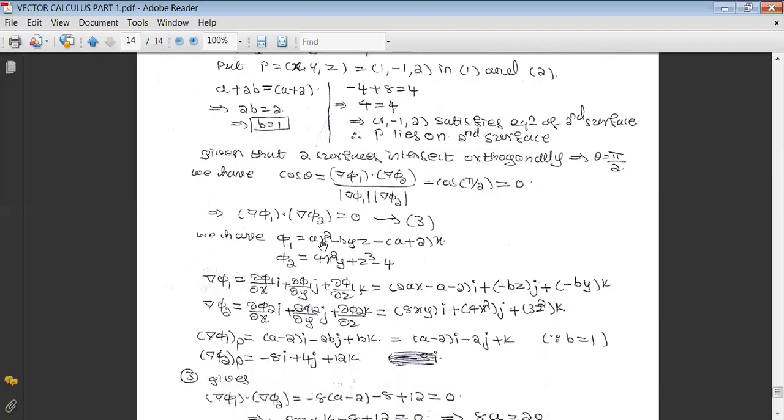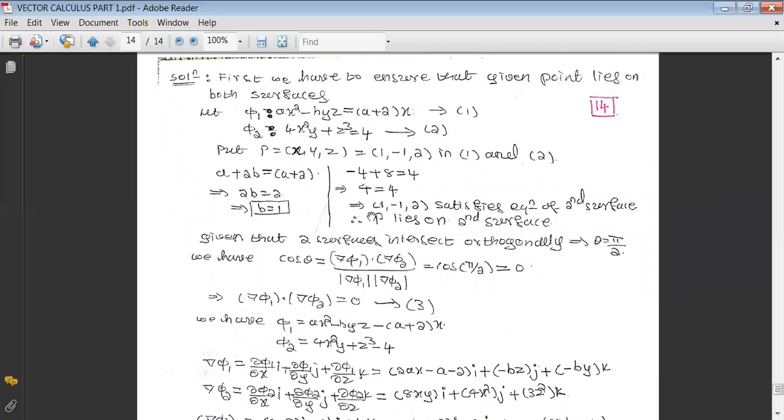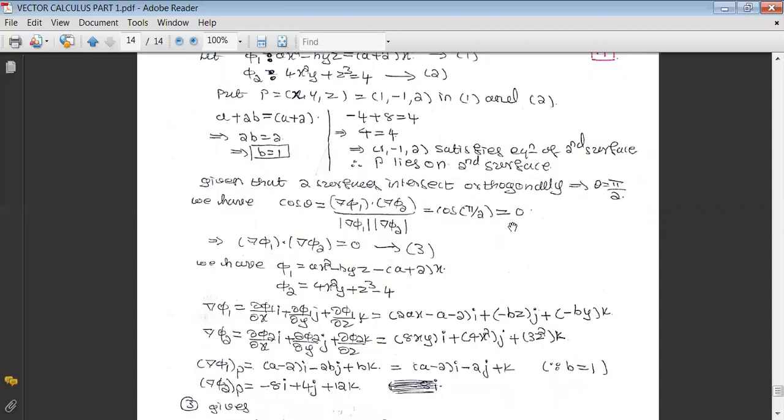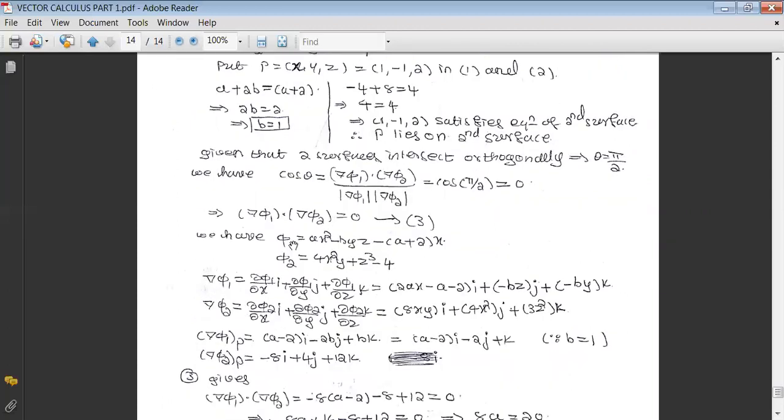Now pi 1 is ax square minus byz minus (a plus 2) into x, that is pi 1, and pi 2 is given by 4x square y plus z cube minus 4, taking all on one side. Now del pi 1 is do pi 1 with respect to x partially into i, plus do pi 1 partially with respect to y into j, plus do pi 1 partially with respect to z into k.